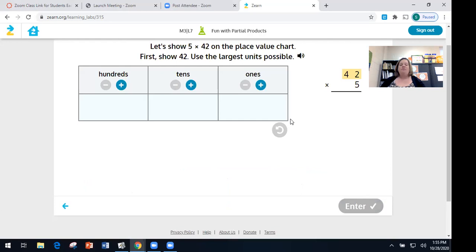So let's show 5 times 42 on our place value chart. First, we must show 42 using the largest possible unit. So we're going to go to our tens place. That's the largest unit, and there are 4 tens, which represents 40: 10, 20, 30, 40. And there are 2 ones.